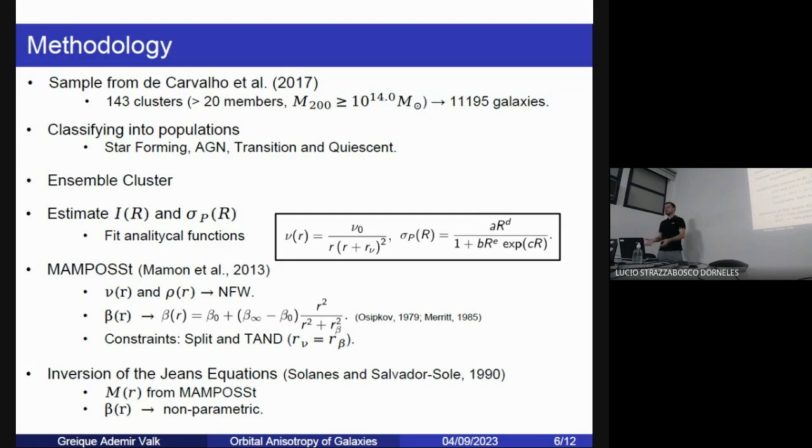We execute the MAMPOSSt code to get the mass profile of the ensemble clusters and the beta profile of each population. And we also use the inversion of the Jeans equations following the method of Solanes and Salvador-Solé to get the beta profile in a non-parametric way.